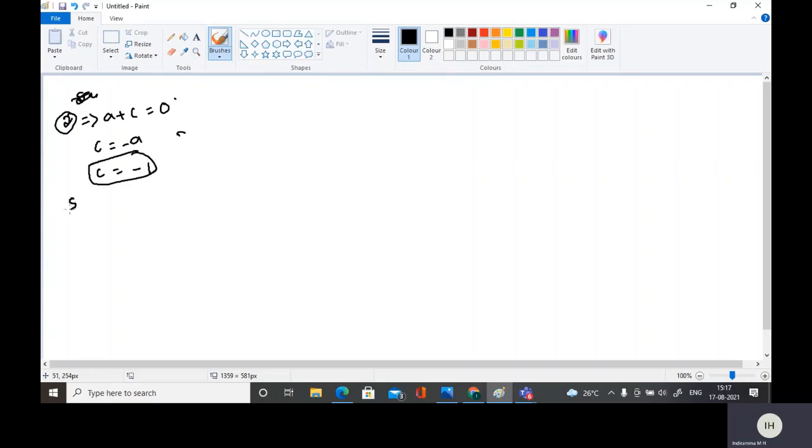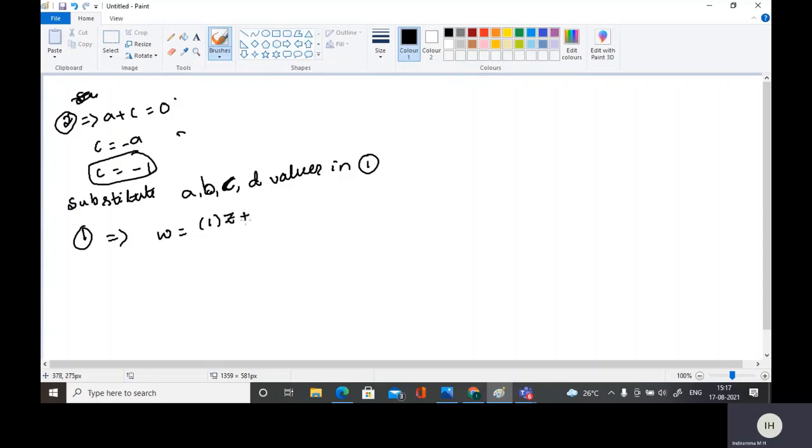Now substitute the A, B, C, D values in equation 1. So equation 1 becomes W is equal to Az plus B by Cz plus D. What is A? A is 1.